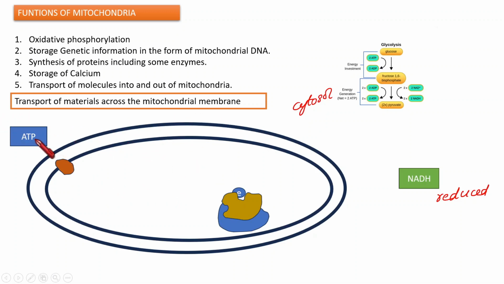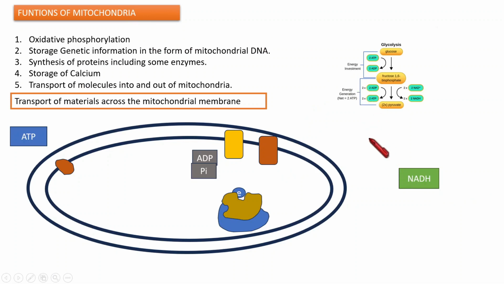Similarly, for generating ATP, it needs raw materials like ADP and orthophosphate. These are also obtained from many metabolic processes and need to be transported inside. For that also, separate carrier proteins are there. In this way, many transport processes are going on across the mitochondrial membrane. All these processes are physiologically very important. These are all the functions of mitochondria.